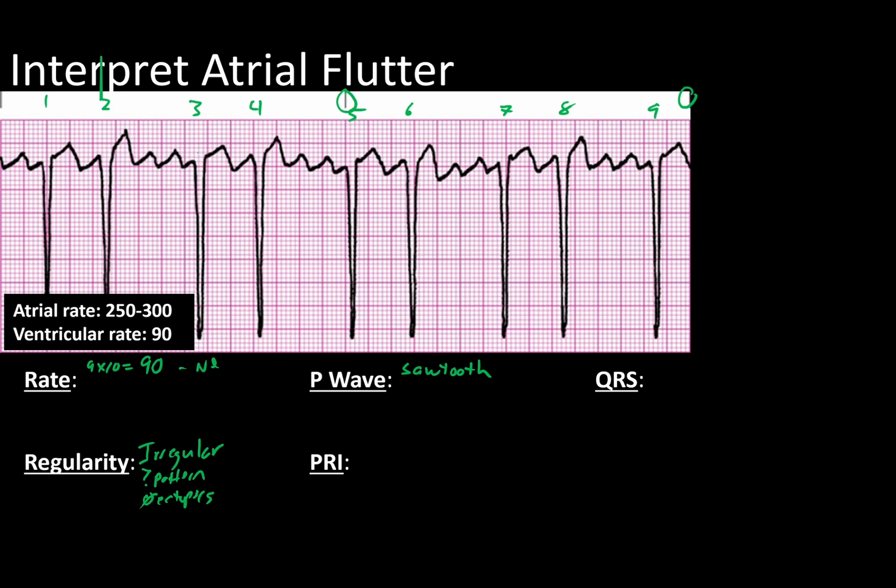We'll start here between number 4. So the number 4 QRS comes up into a T wave.